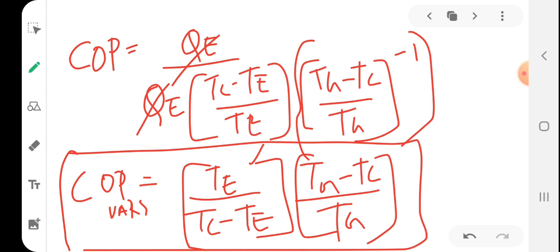If a Carnot cycle is working between two temperature limits, lower limit TE and upper limit TC, then the Carnot refrigeration cycle will have the COP of this particular term. And what is this term? This term is nothing but the efficiency of a heat engine working between two temperature limits, TG and TC.